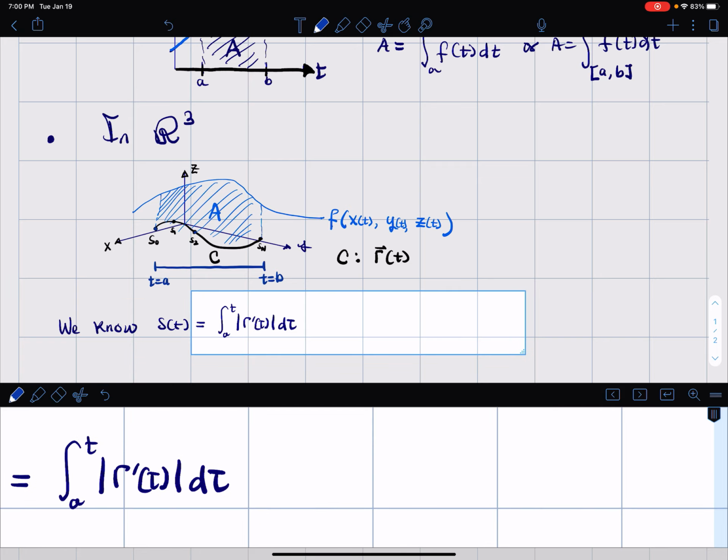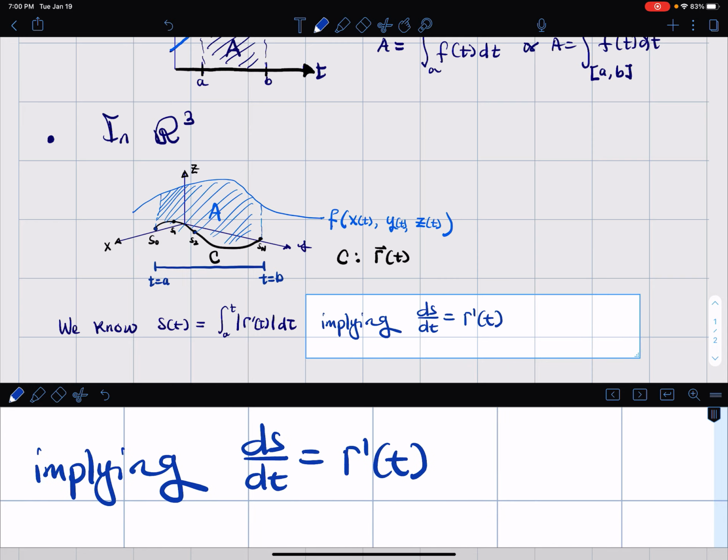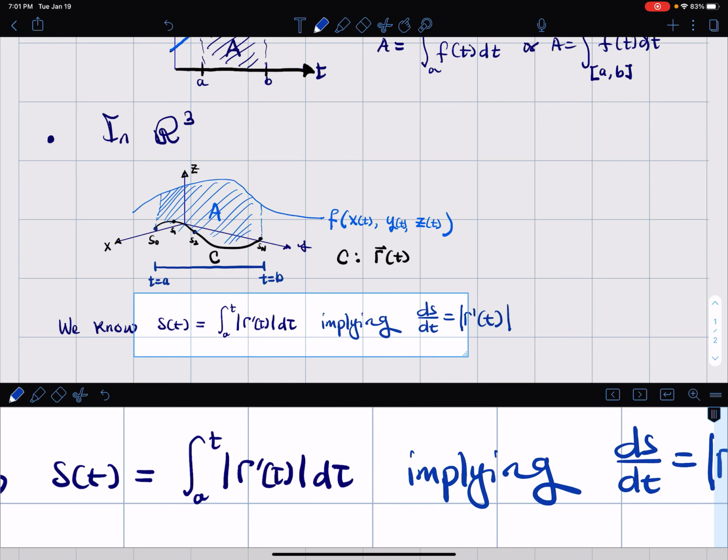All right, so if this is the case, we know that this implies that ds/dt is equal to the magnitude of r prime of t. This is the fundamental theorem of calculus, part 1.